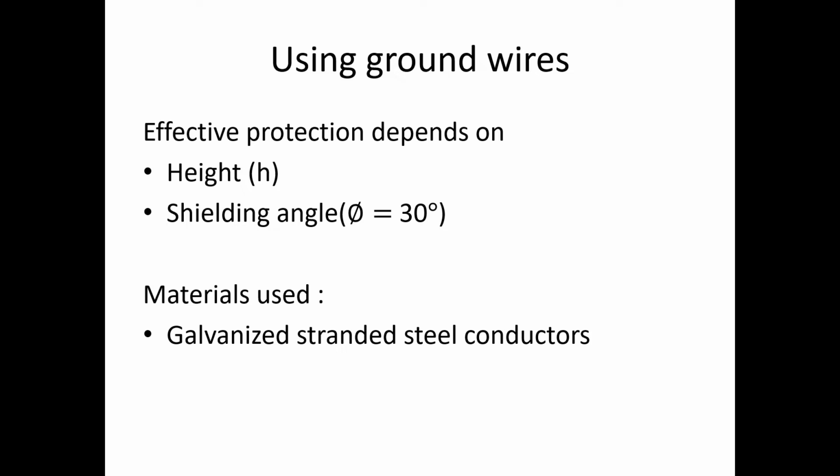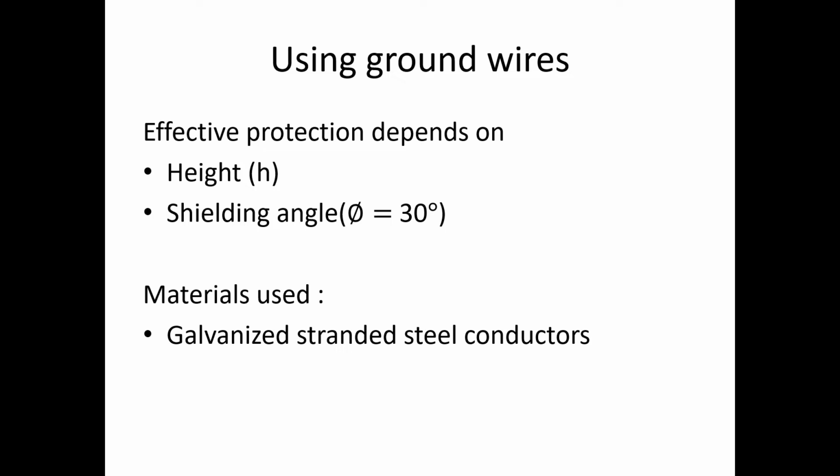Normally the ground wire should have very high strength, it should be non-corrosive, and moreover the ground resistance should not be very high. It should be according to the prescribed value. Also proper insulation should be provided, and the design of the line should be up to the prescribed level.